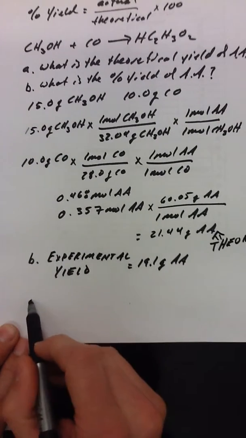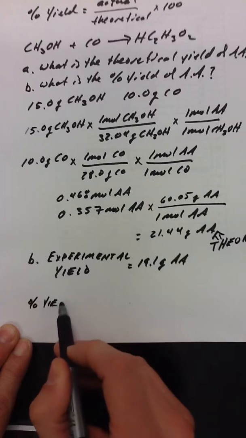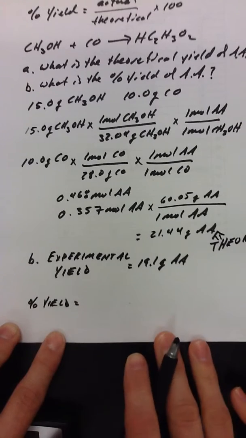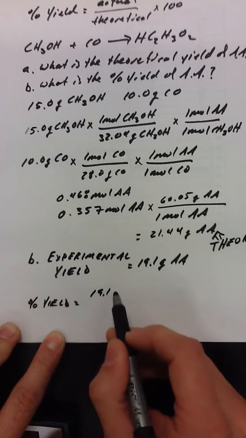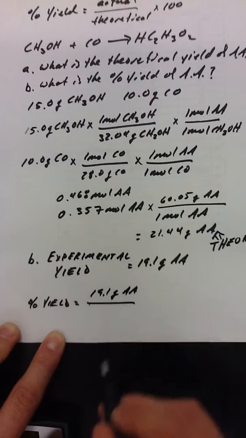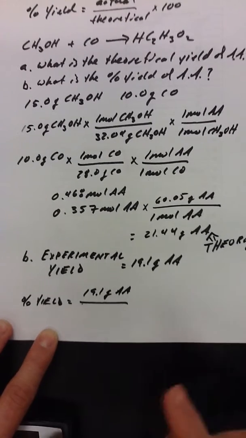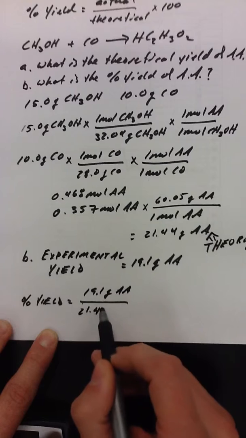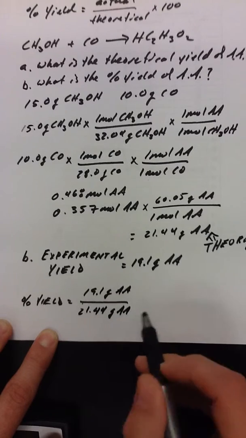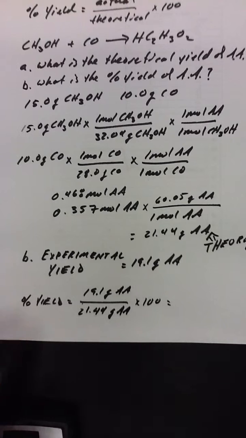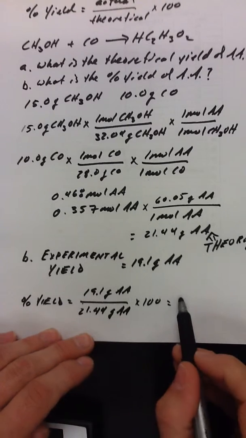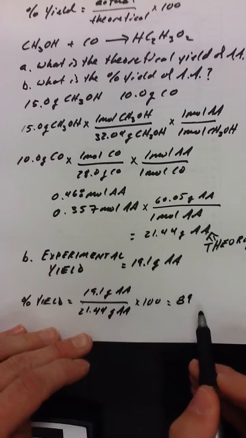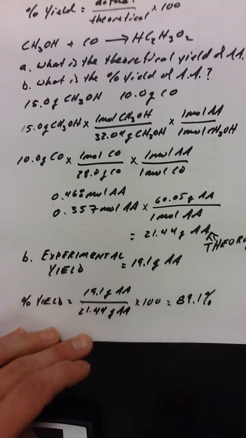So to find the percent yield, all we do is take our actual yield or the experimental yield, 19.1 grams, and then divide that by our theoretical yield, which was 21.44 grams. Multiply that by 100, and we get 19.1 divided by 21.44 times 100. We get a percent yield of 89.1%.